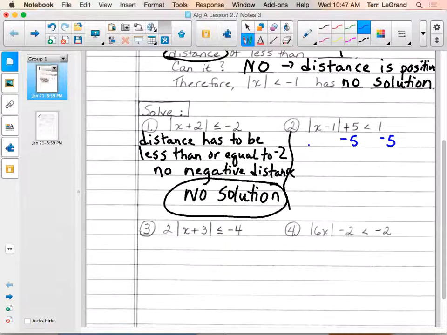So now we have the absolute value of x take away 1 is less than what? 1 take away 5. Negative 4, yeah, it's like 1 above 0, and then it drops 5 degrees. It ends up at 4 below. Okay. What does this say? Distance, absolute value means distance.